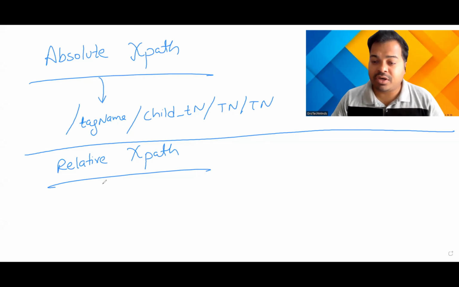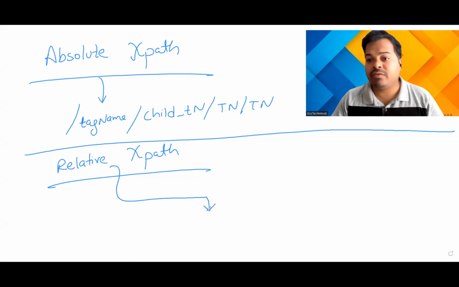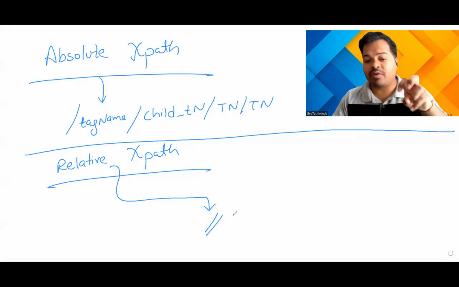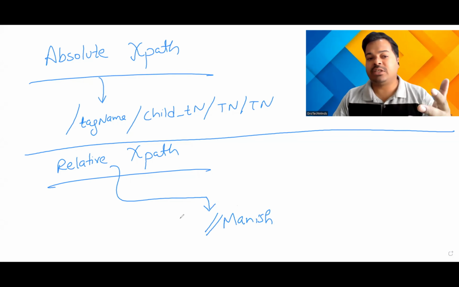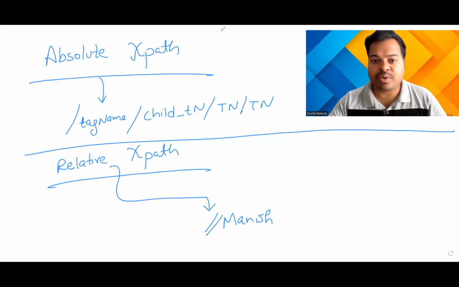So guys, I hope you all remember this definition, where I said that with the help of a relative XPath, someone can traverse directly to the tag name with the help of the double forward slash, right? So if someone wants to approach you, they can directly do double forward slash and the tag name, let's say, Manish, right? So that's a major difference between relative XPath and absolute XPath.